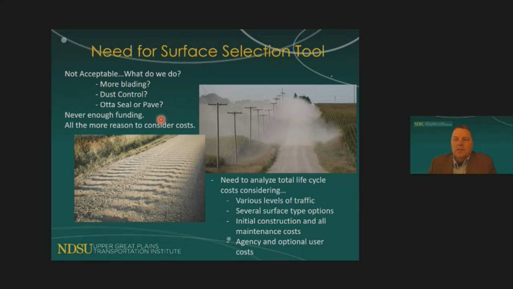The thing we always seem to run into is never enough funding. We have a lot of gravel roads, and there just really can't be enough funding to improve them all.